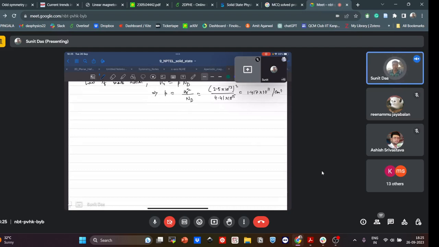Then finally we can find out the conductivity of the N-type germanium semiconductor.